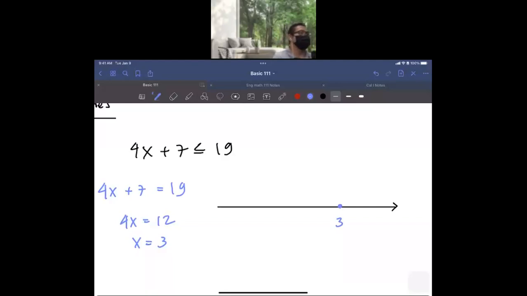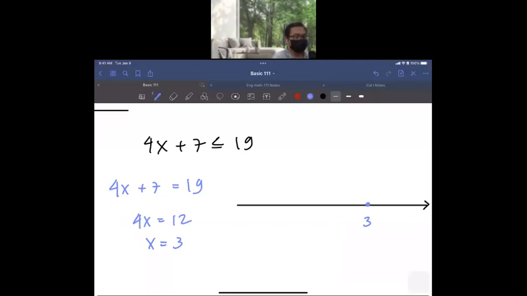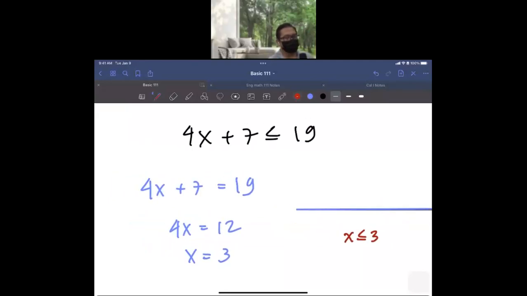But now, since we have this less than or equal, if we change everything back to less than or equal, then our answer will be all x less than or equal to 3.